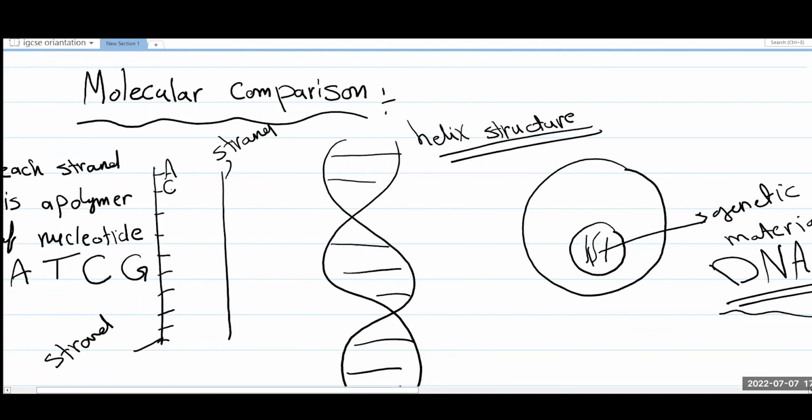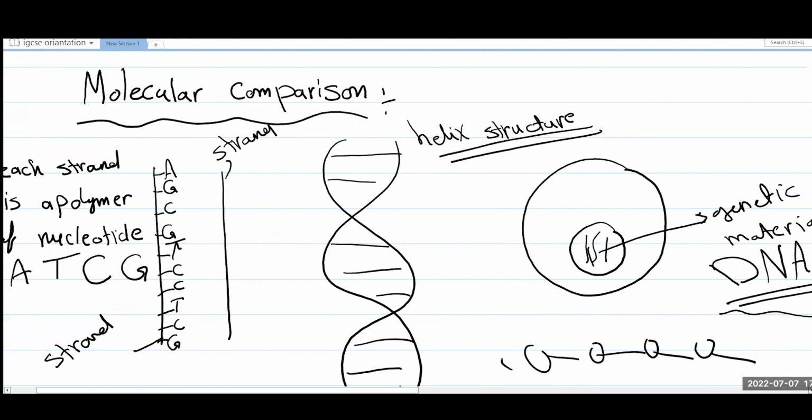Yani, they will be arranged in a particular sequence for each living organism. You know the beads which we can use to make a necklace, it's like that. The DNA is the necklace and the beads are these nucleotides.